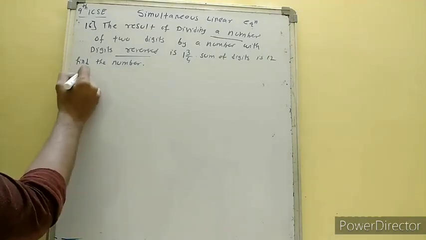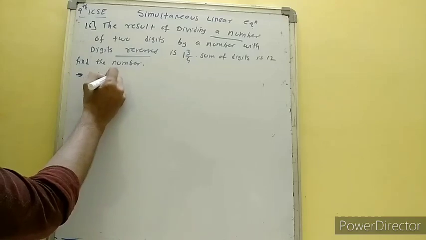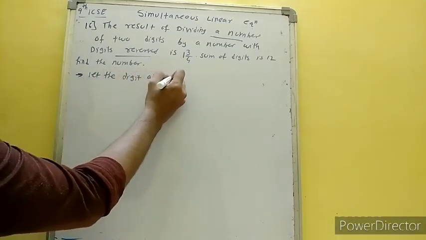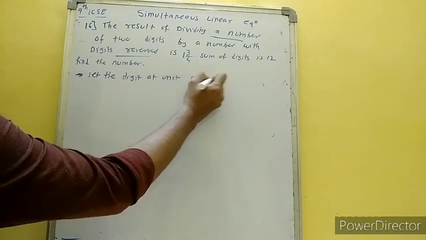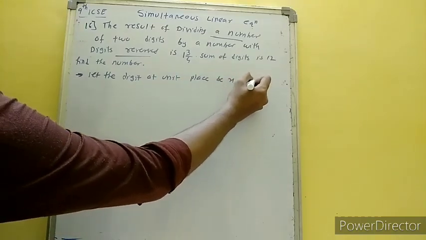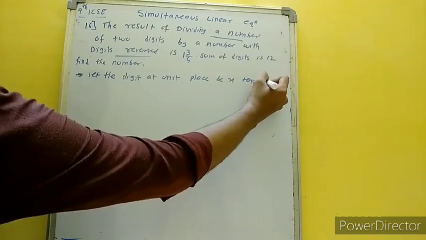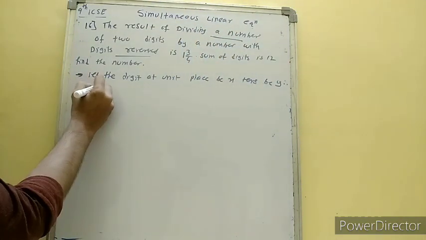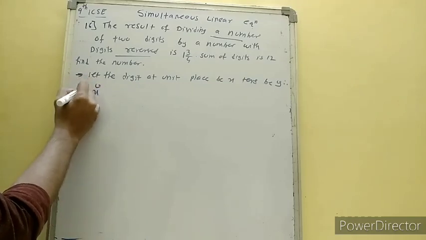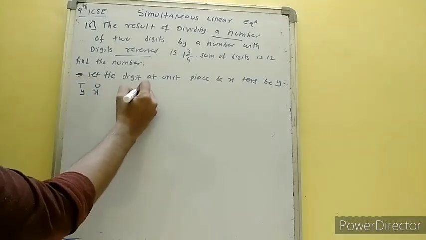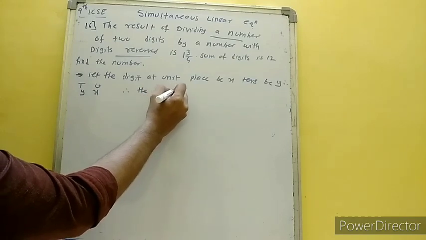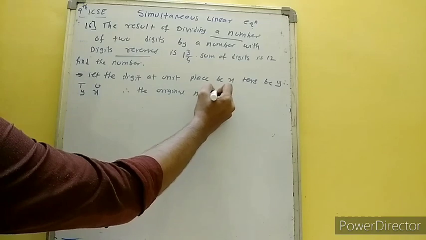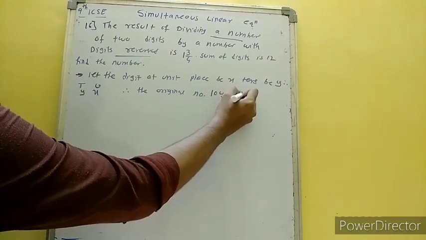So let the digit at the unit place be x and tens place be y. Therefore the original number will be 10y plus x.